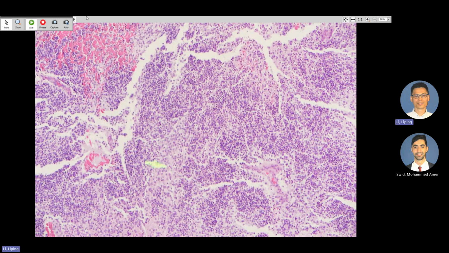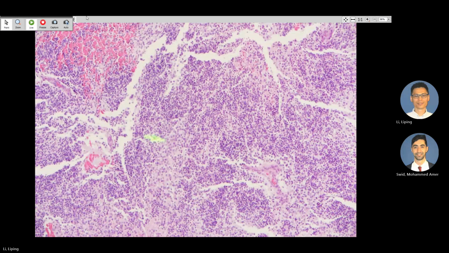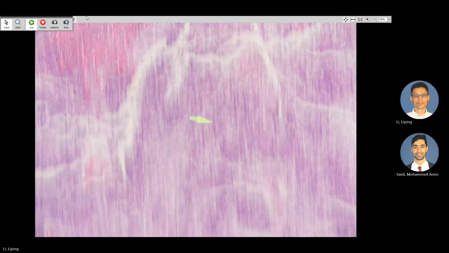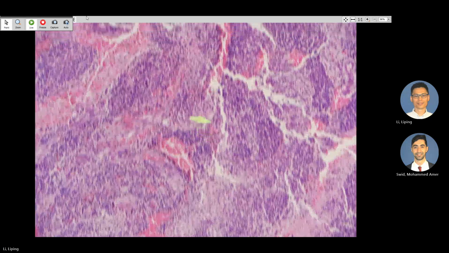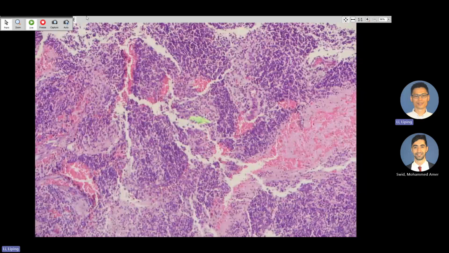We can see these cells have nuclear features of expanded nucleoli and minimal cytoplasm. Maybe some cells are differentiating and have more abundant cytoplasm. Like this area, we can see these primitive neuroblast cells with minimal cytoplasm.